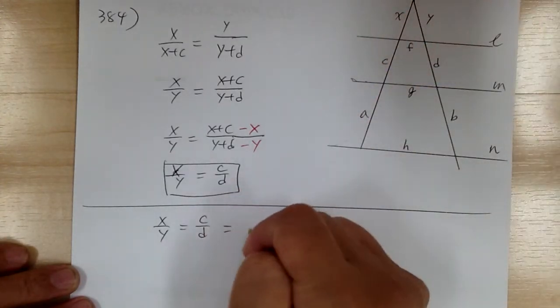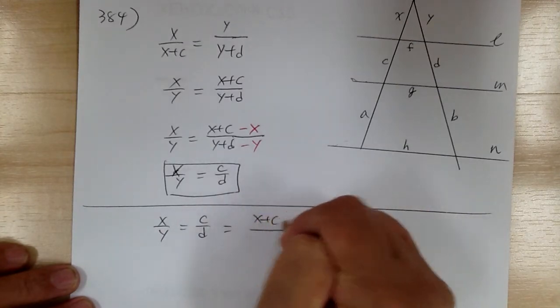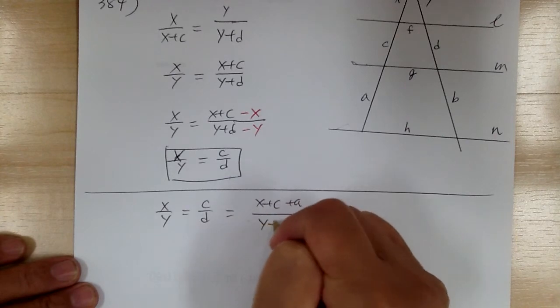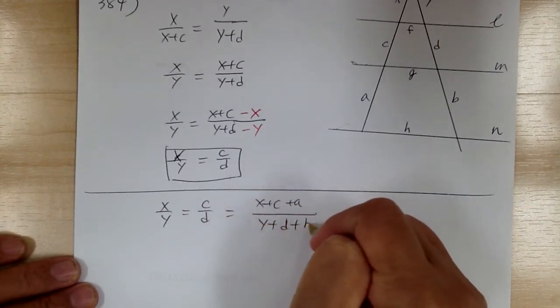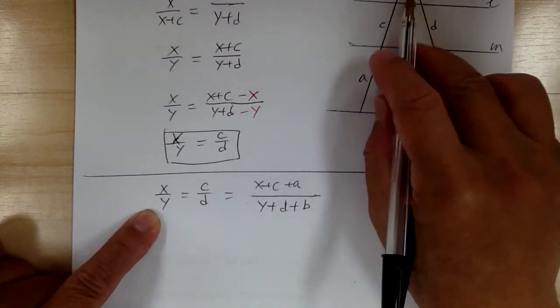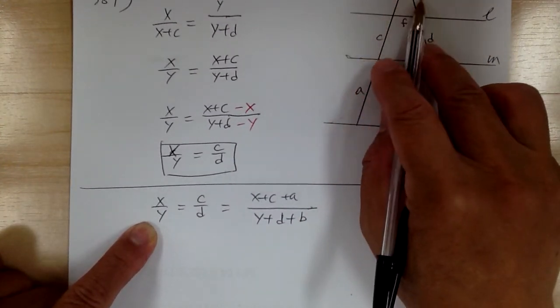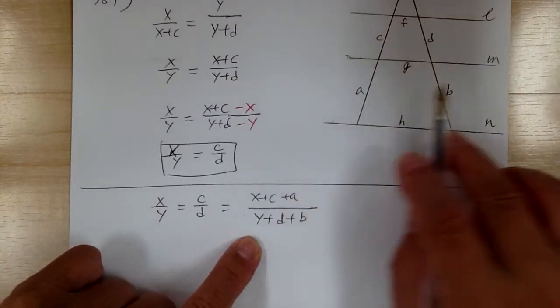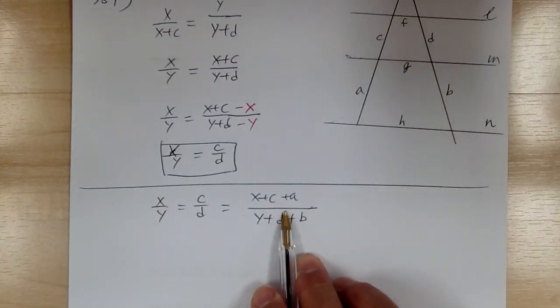So this will equal x plus c plus a over y plus d plus b. So you can just use an analogy, right? You have the left over right equal to the left over right equal to the left over right. So that's where I get it from.